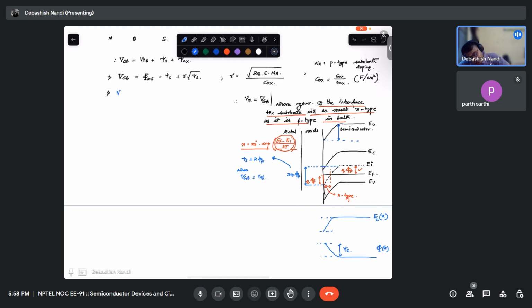So I can replace here VTH equals phi ms plus 2 phi f plus gamma root over 2 phi f. Fine. So what is the VTH given to me?